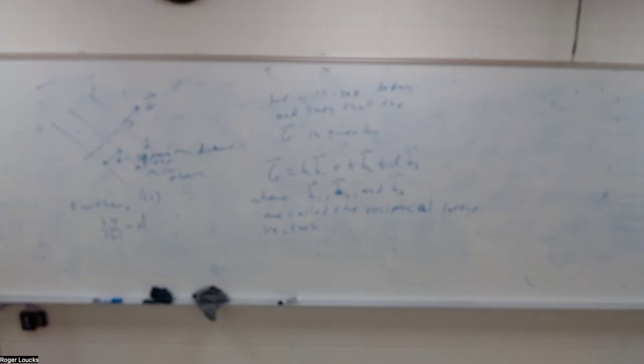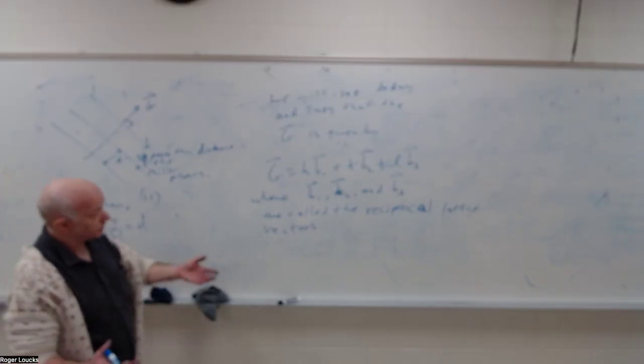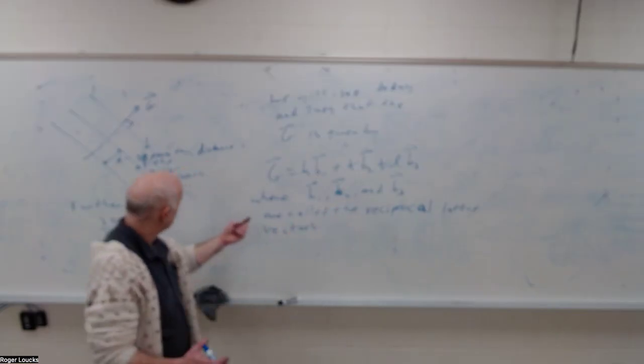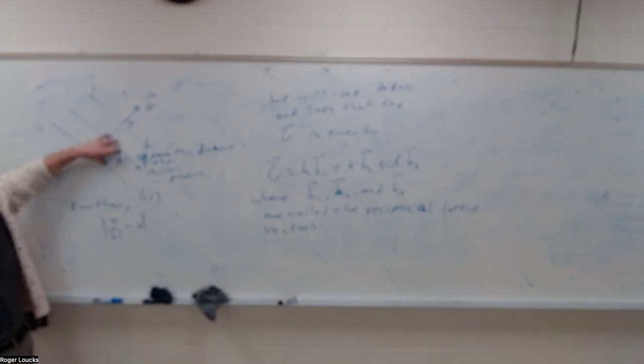So what I want to do right now is show you how you start getting these B vectors. We're going to get these B vectors that seem stupid. Why would we even care about these? We care because if you know the Miller indices and the B vectors, you can determine the separation distance between these planes.